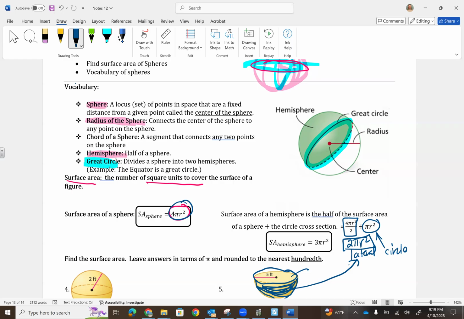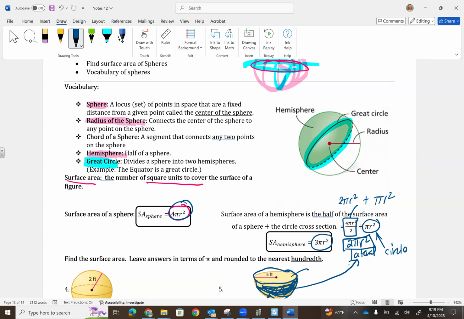Now, if you combine like terms and you want the whole thing, you would do 3 times pi r squared. So that would be the lateral, which is that bottom part, plus that circle. Depending if you need part or whole, you could do just this first portion, which would be 2 pi r squared. That's the lateral. You could just do the circle, which is pi r squared, or if you put them together, you would get 3 pi r squared.